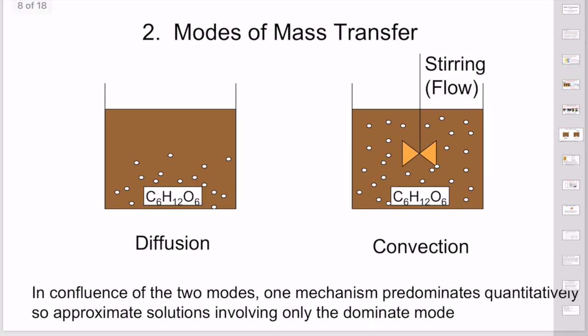Speaking of fluids, and I think you were mentioning fluid flow, there are two different ways that mass can be moved. One of them is diffusion. So here we have a stagnant vat of, let's say, water, and these white circles are sugar molecules, and in this case, maybe we dropped some sugar to the bottom of the vat of water, and the sugar is now diffusing.